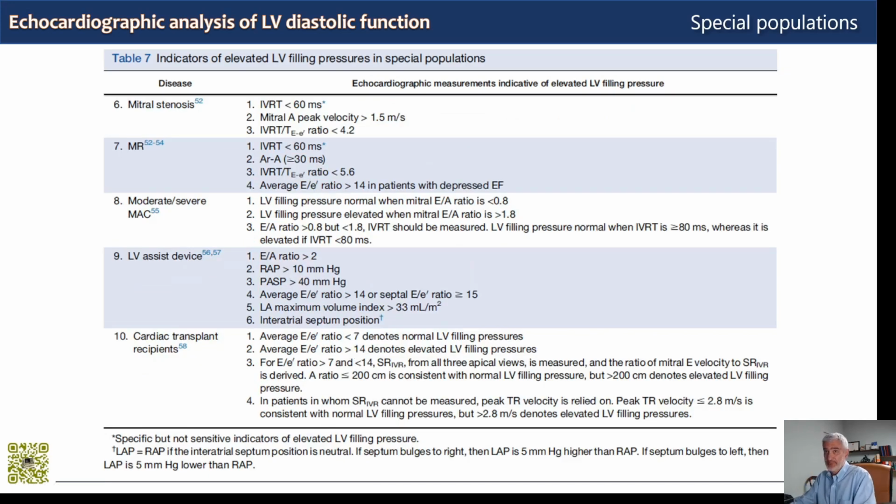Here we also have special patients, those with mitral stenosis, mitral regurgitation, calcifications of the mitral annulus, in which you cannot use the myocardial velocities on the tissue Doppler imaging. And then you have patients with left ventricular assist device and cardiac transplant patients.